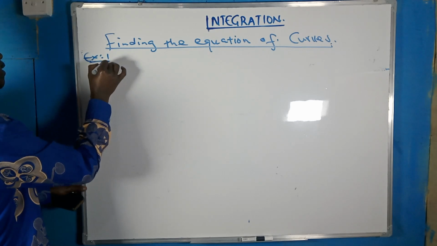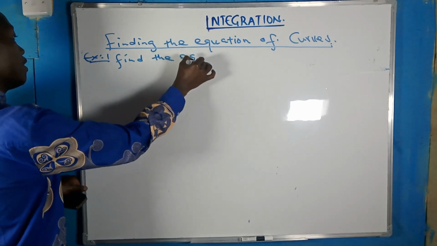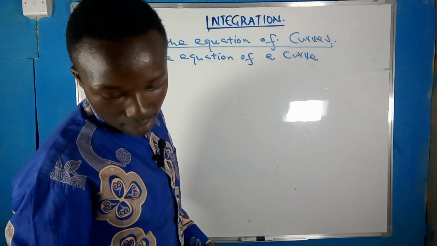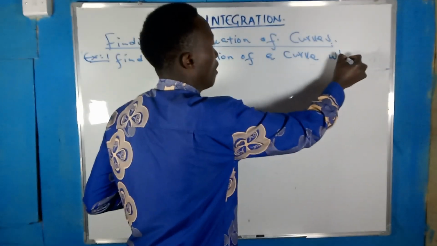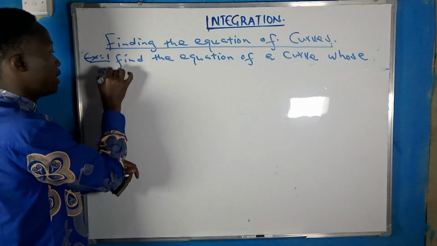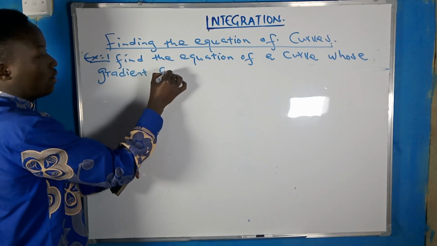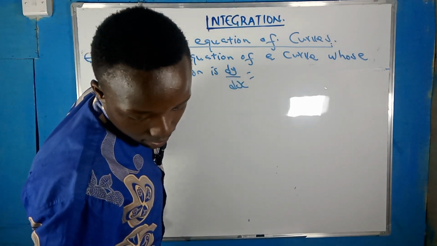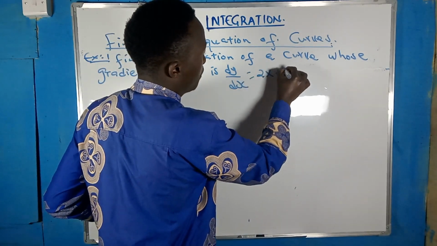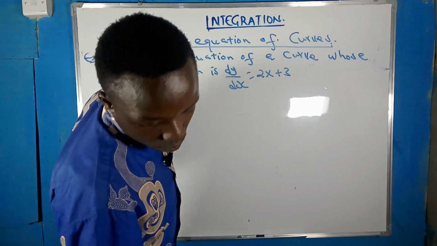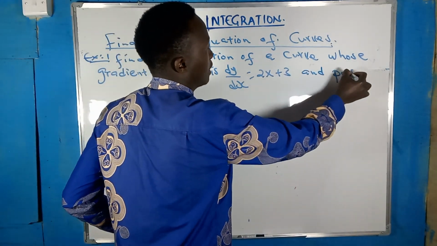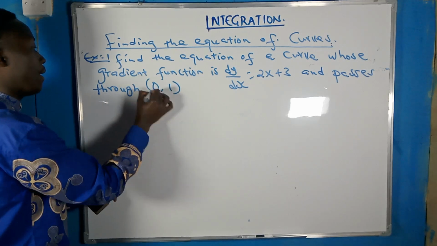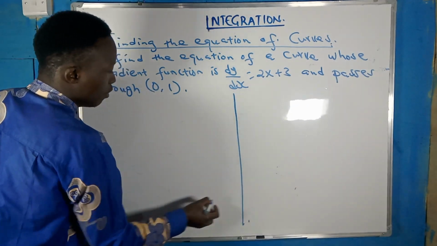So example number 1, find the equation of a curve whose gradient function is dy over dx is 2x plus 3 and passes through (0, 1).